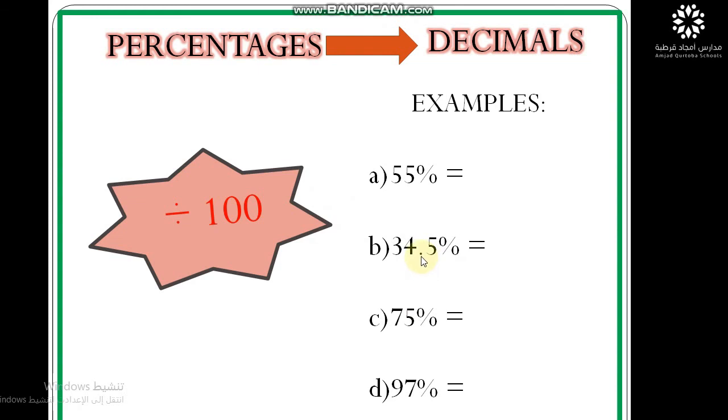I will move the decimal point 2 places to left. It will be 0.345. 75%. I will convert to decimal. I will move the decimal point 2 places to left. It will be 0.75. 97% divided by 100. It will be, yes, 0.97.